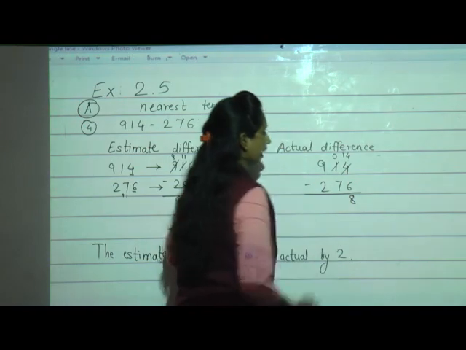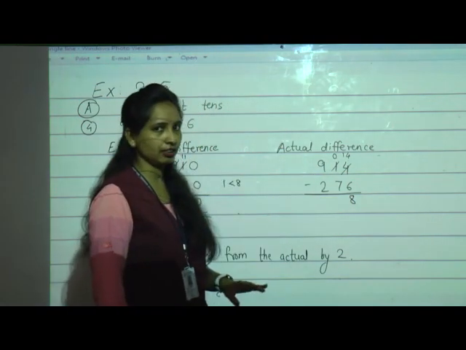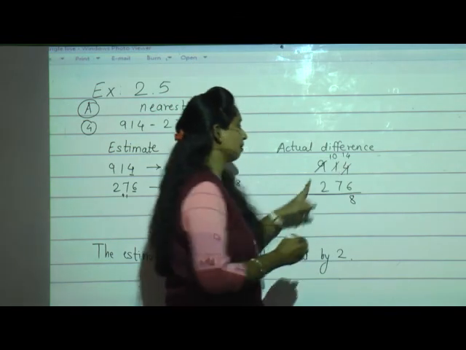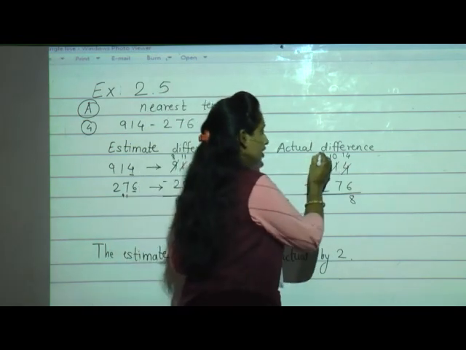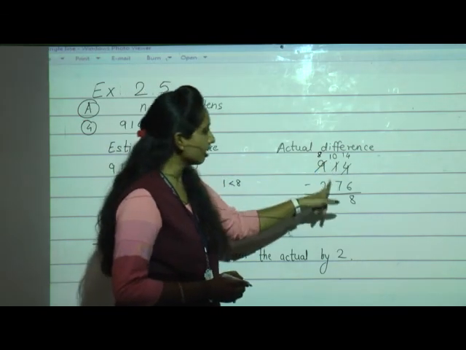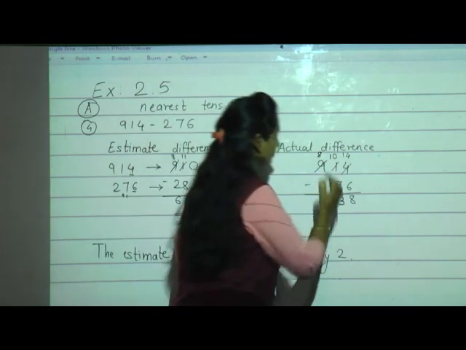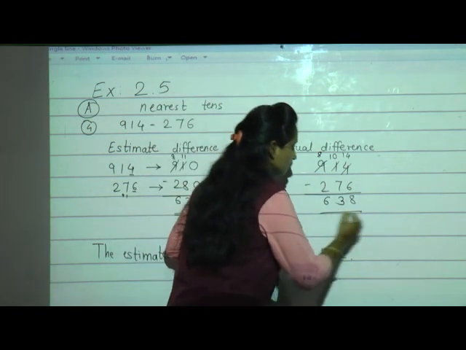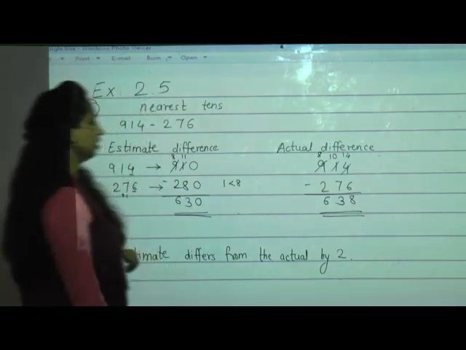So write here 8. Now here 0 minus 7, can we? No, we cannot. So take borrow from neighbor, neighbor is having 9, he will give 1, 8 will remain. Now 10 minus 7, we can. So 10 minus 7 is 3. And here 8 minus 2 is 6. So this is the actual difference.